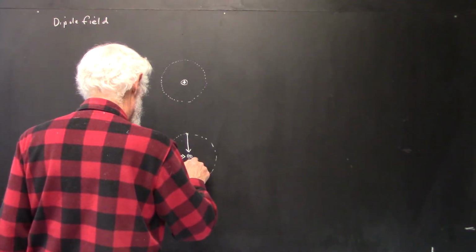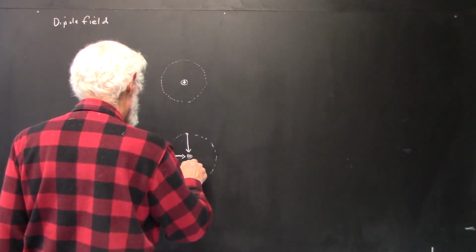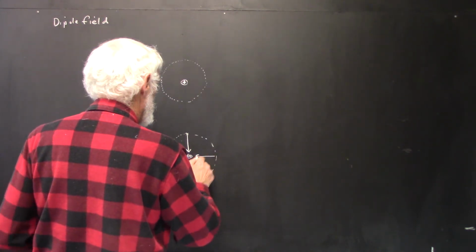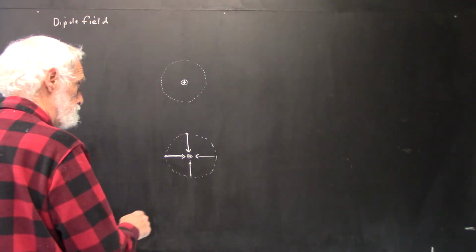So now I can sketch vectors at points around the circle.